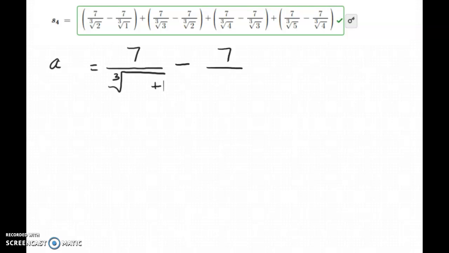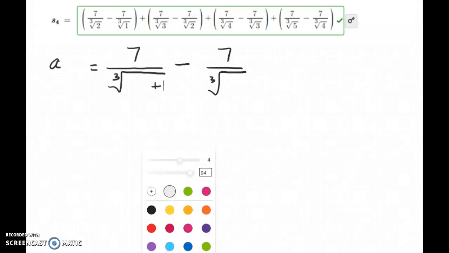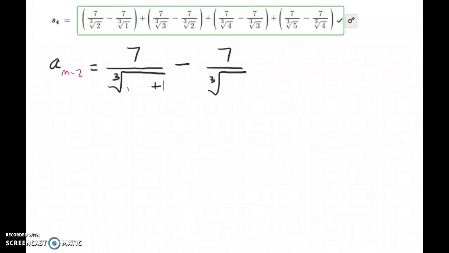So in the denominator, we get the cubic root of m, minus 1.